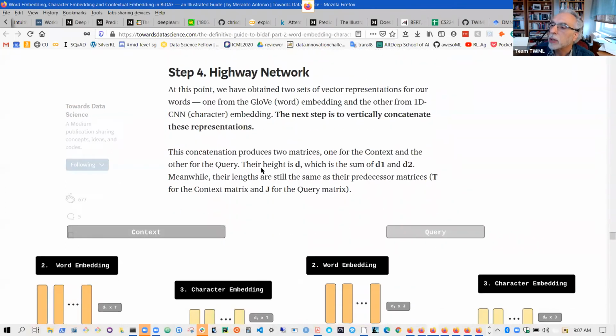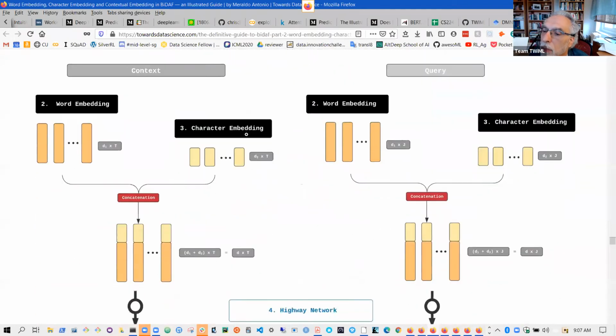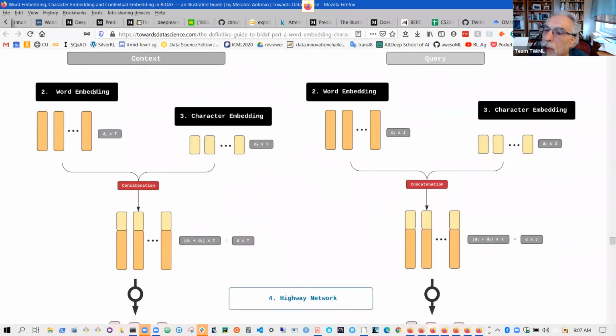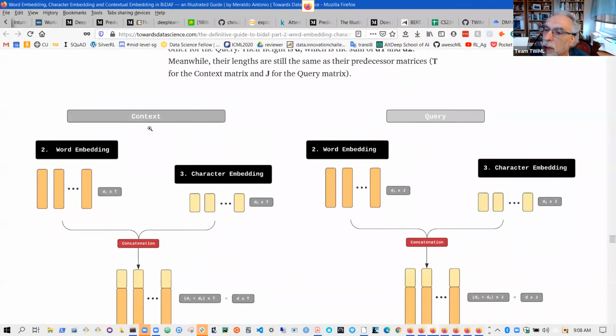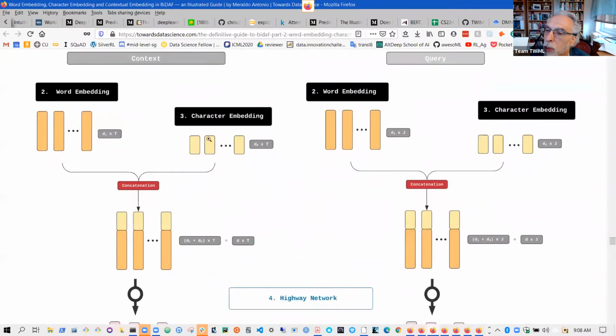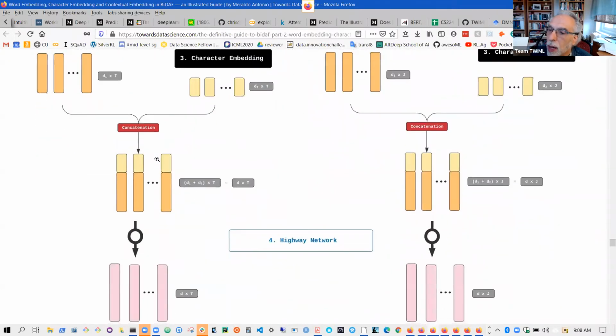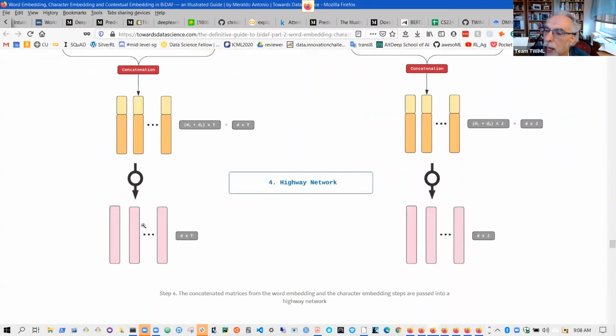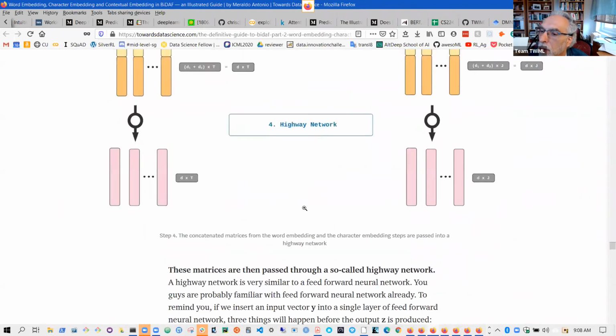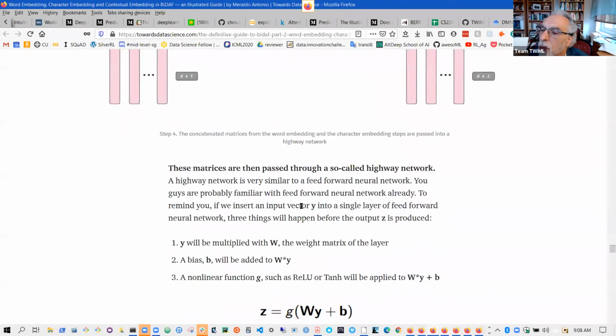Highway network. So this is the piece that hasn't been covered in the class. Okay, so up to here: passage and question, word embedding, character embedding, concatenated together, goes into this highway network, which I'm still not sure what that does.